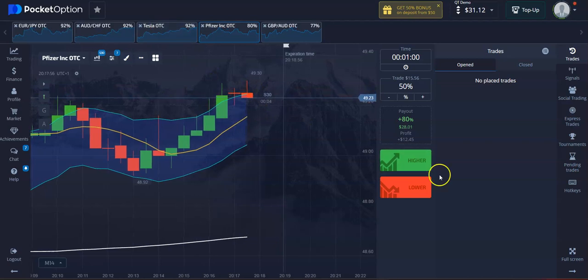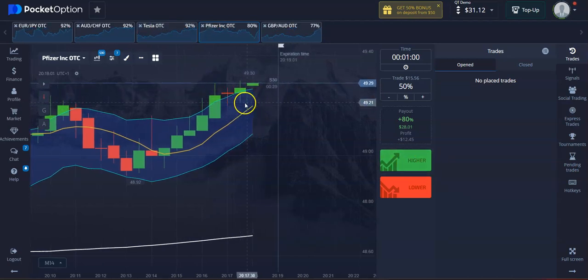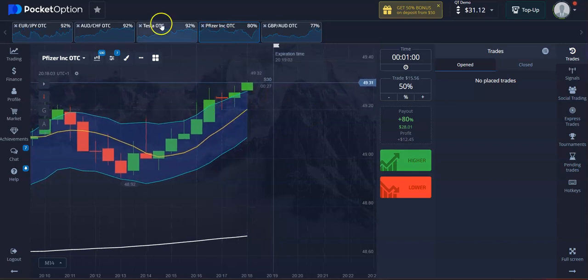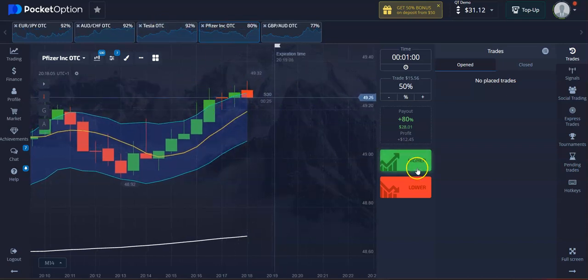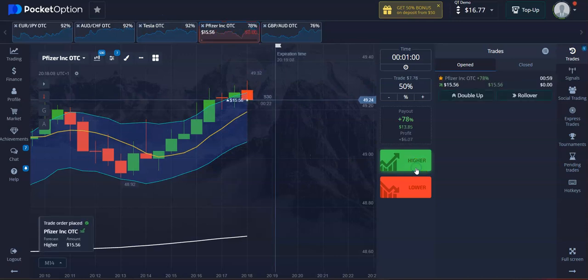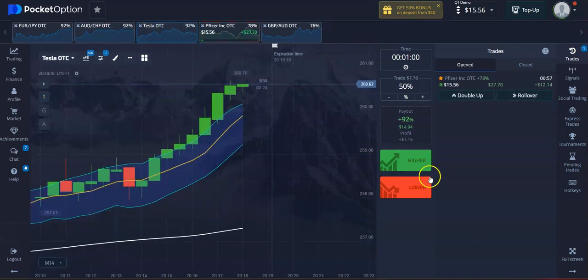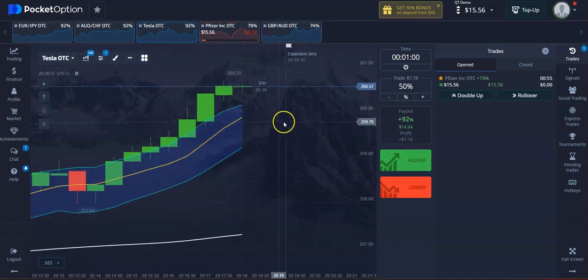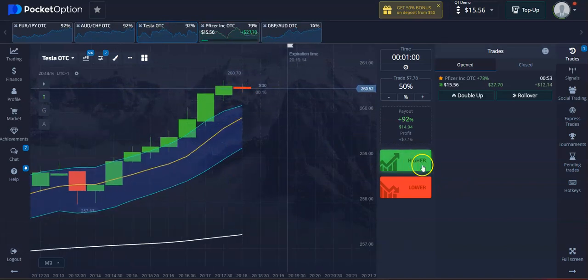So we're just waiting for a slight pullback. That whip was good. We're gonna go there. On Tesla. Let's see if we can catch one on Tesla too.